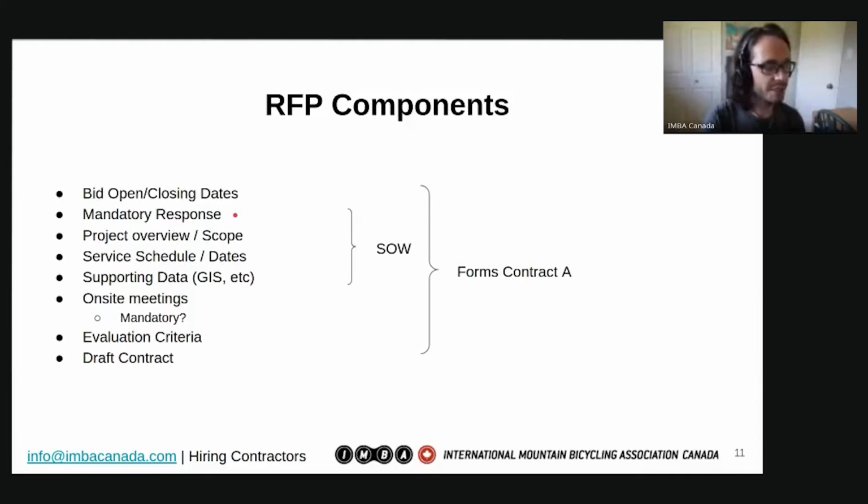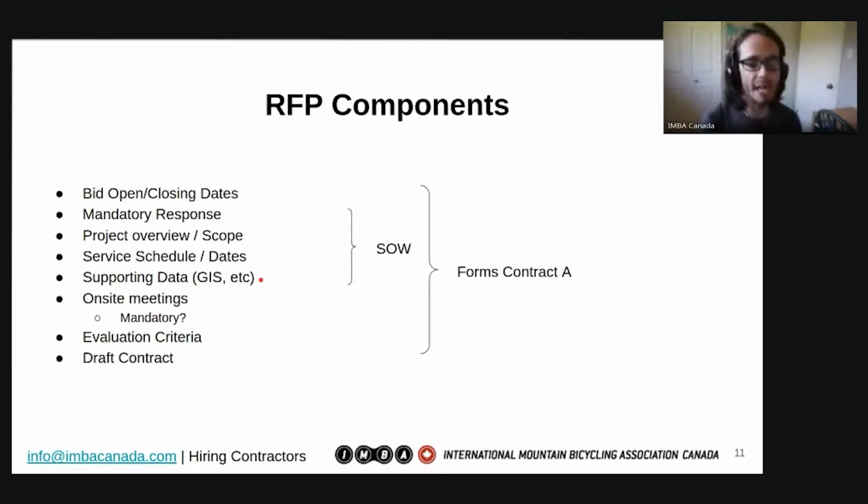So you must include your firm history, you must include your certifications, you must include an organizational chart. Those things would be sometimes included under a mandatory response. The project overview and scope, the service schedule with dates, any supporting data, that's typically attached as an appendix item.